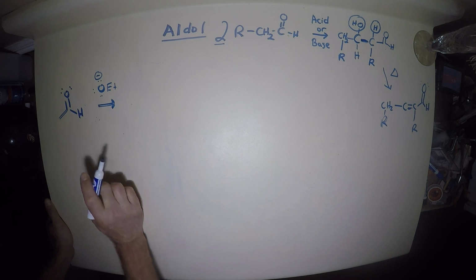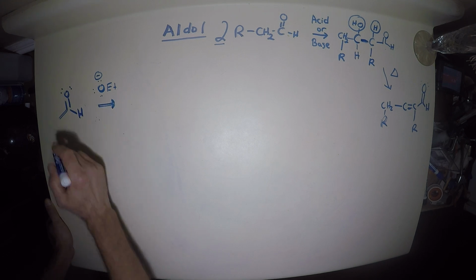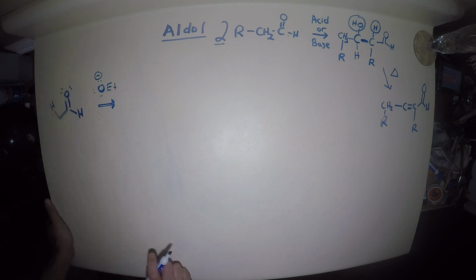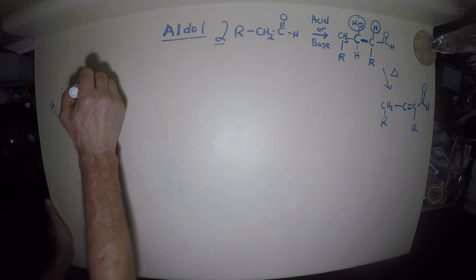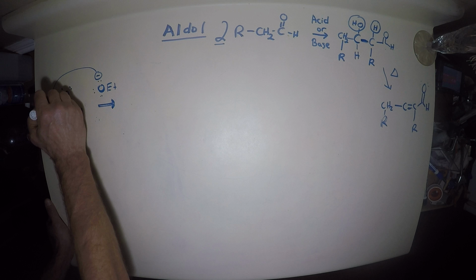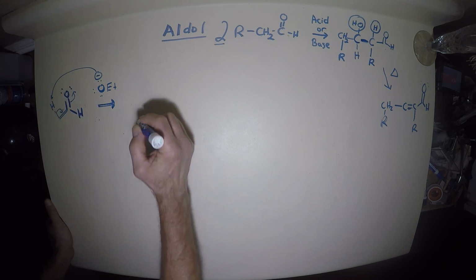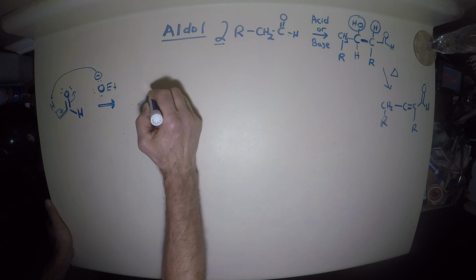In this case, I'm using ethoxide as the base, so the first step is going to be to remember to put in your alpha H, abstract the alpha H, forming the classic enolate of acetaldehyde.